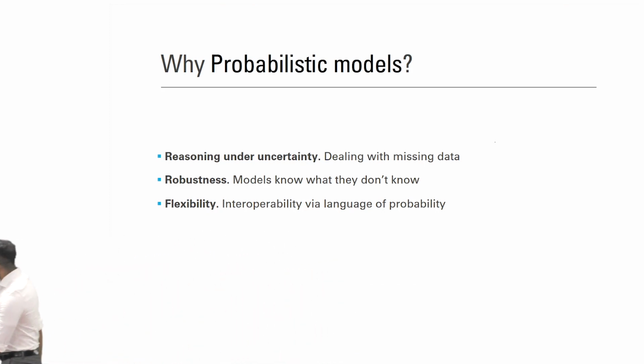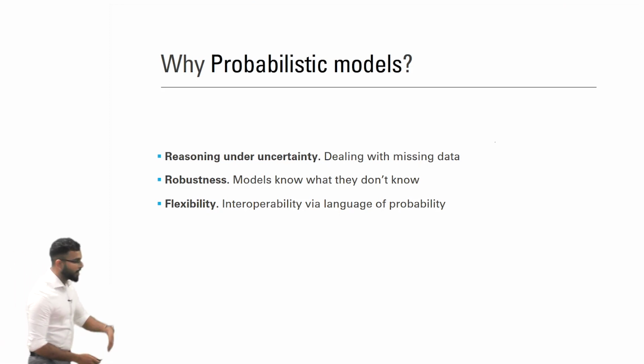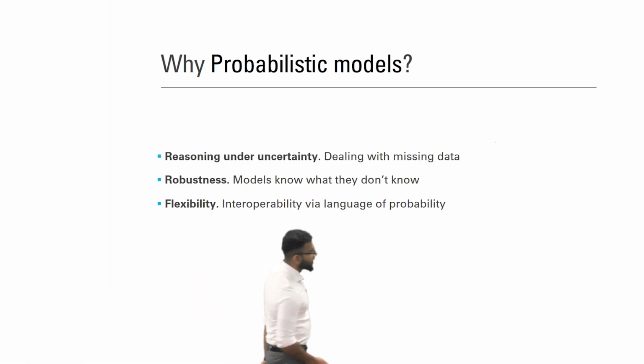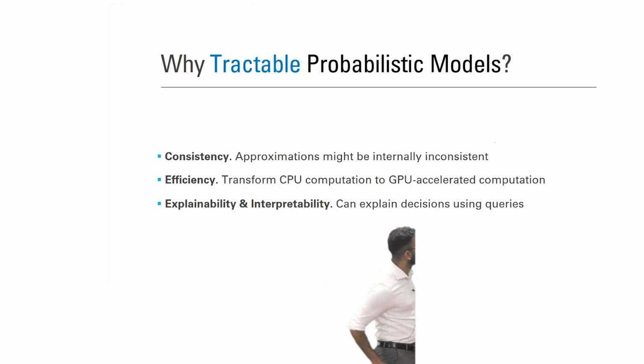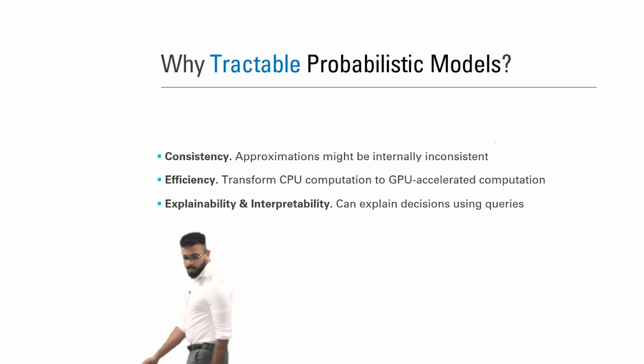And probability theory gives you a language to query and convert the things that you're interested in computing from natural language into probabilistic queries. Tractability is important because, like Sriraam was saying yesterday, it gives you a sense of explainability, because now you can query the model based on things that you're interested in and see what the output is. You can have a view of what the model is looking at to make decisions, right?